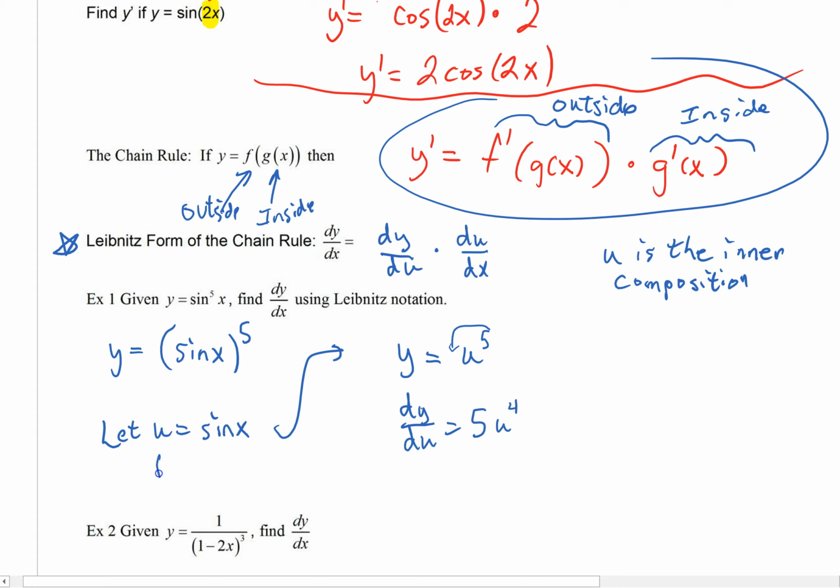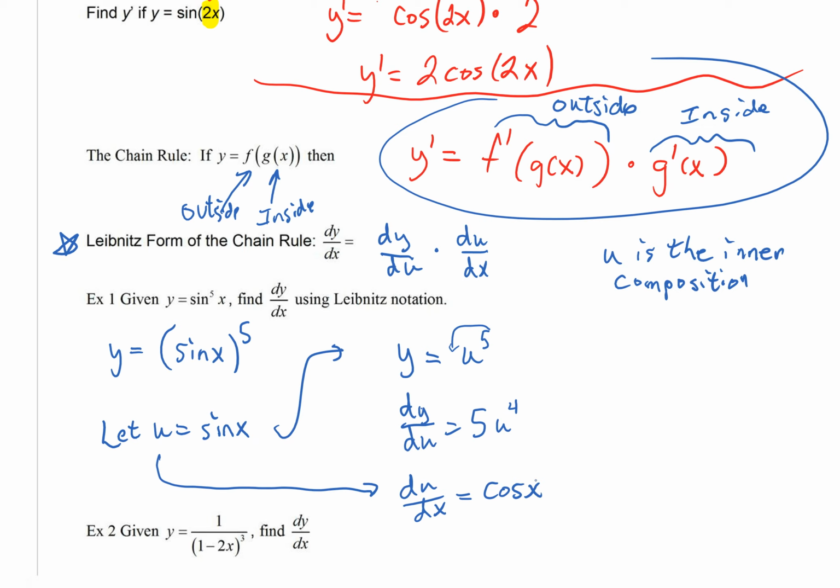But wait a minute, if I have over here u is equal to the sine of x, you could say, well, what's du dx? Du dx, the derivative of sine, would just be cosine of x, wouldn't it? Now, you might not have done the chain rule last year like this, but I just want to show you that this is in fact true.